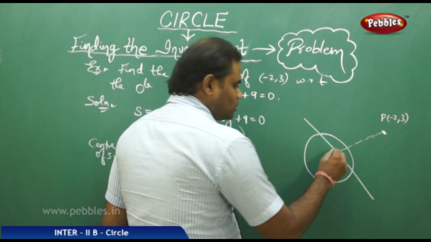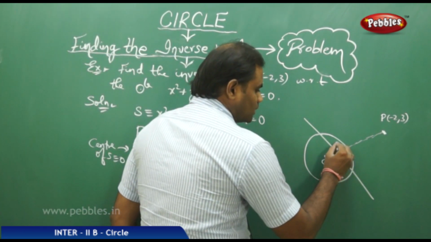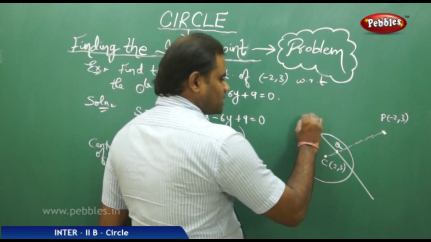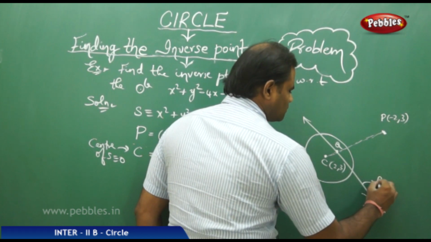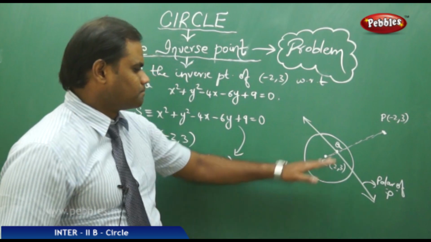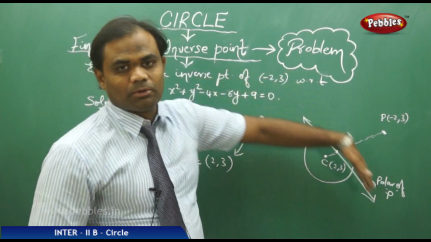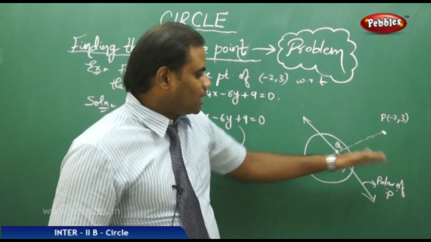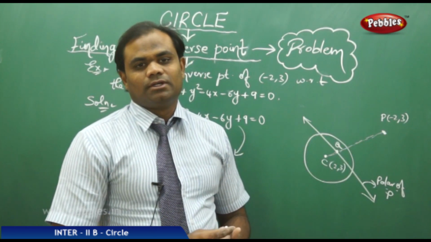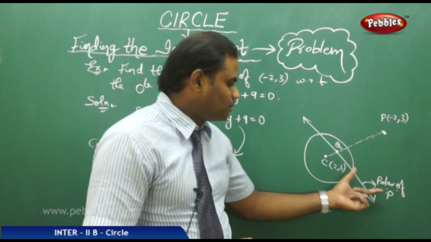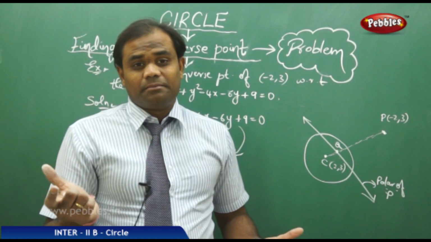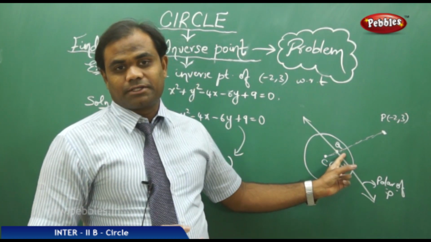So we know that Q is the foot of perpendicular from C, which is exactly out here. So Q is the point of intersection of the polar of P and CP. If CP is the line, and this is the polar, then the polar and the line CP intersect at Q, which gives us the inverse point. So it is essential that we find the polar of P and the equation of CP, and solve them through the elimination method to get the point of intersection Q.